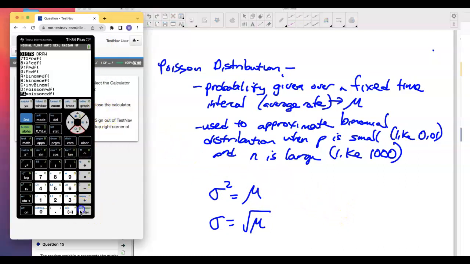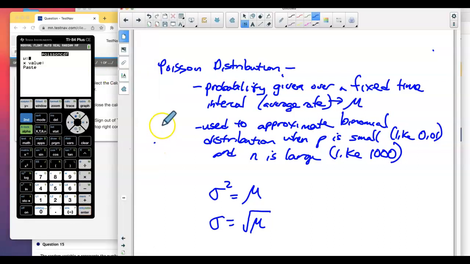Okay, so if I were to put this in, it's going to ask for the average and the x value. They give you this number and they are going to ask you this number and the probability. Okay, so it's the same one. This is less than or equal to if it's CDF, and it's equal to if it's PDF.